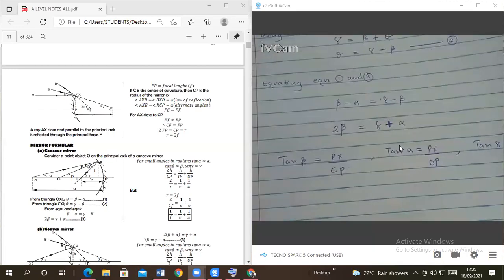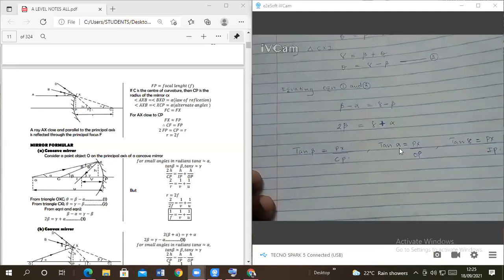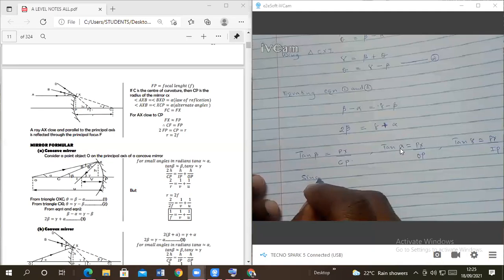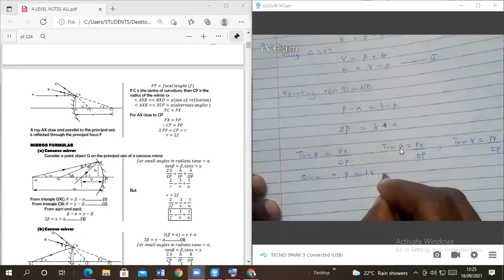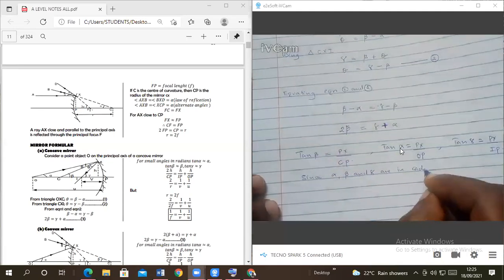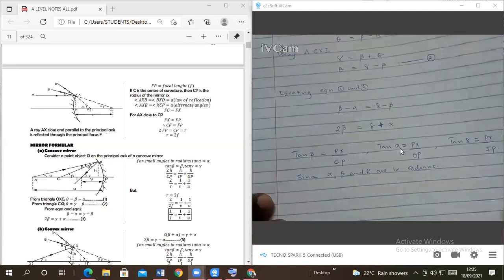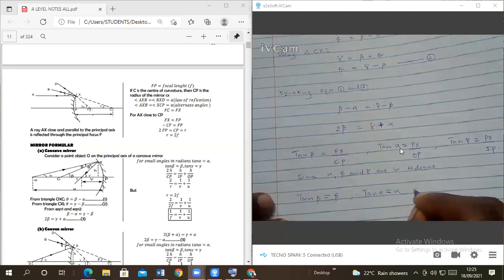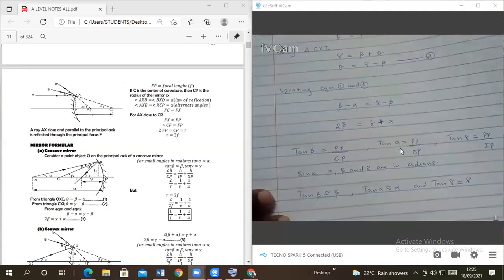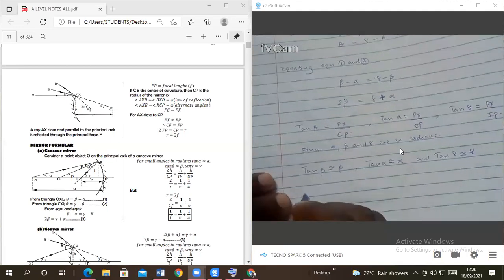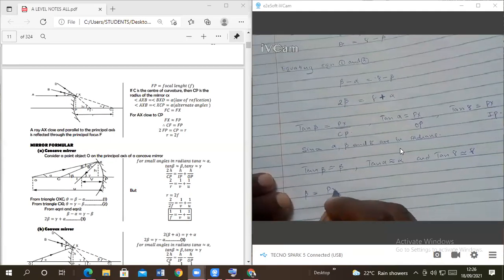So we shall say that since alpha, beta, and gamma are in radians, tan beta is equivalent to beta, tan alpha is equivalent to alpha, and tan gamma is equivalent to gamma. So therefore, beta is equal to PX over CP.